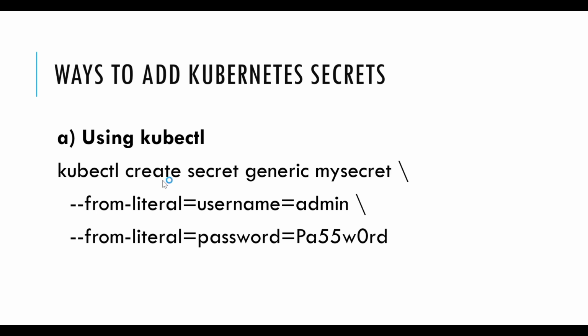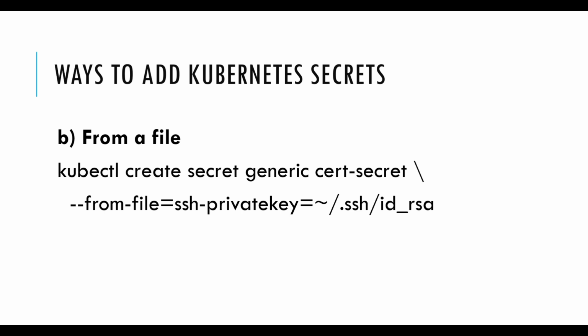So kubectl create secret hyphen n and then the namespace name, then generic, then the secret name that you want to give. It can be my secret, and whatever key you have to add, and then the value. So username is the key and admin is the value. So these are the direct commands you can run to create the secret on the namespace, and then your pod can use those secrets. How we can use it, we'll discuss.